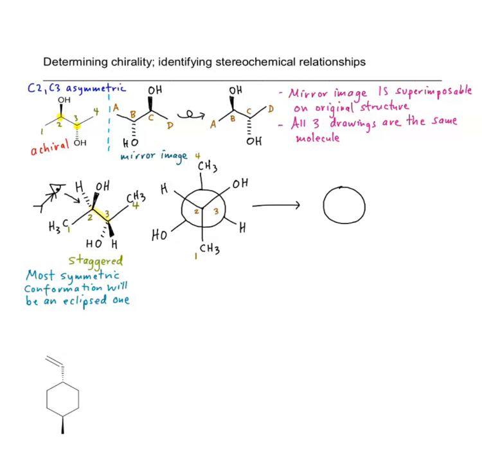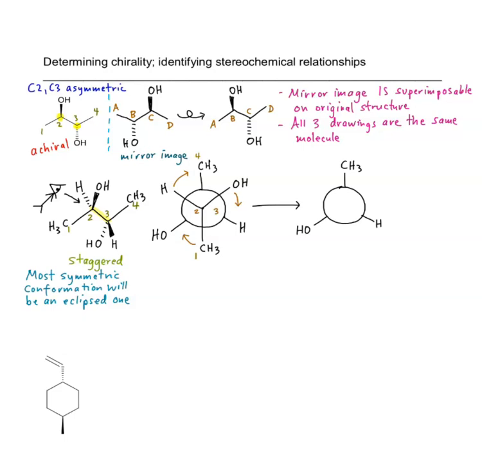Okay, so what I'm going to do in this instance is keep the back groups the same, but I'm going to rotate the front groups. And what I'm looking for is to get this molecule into the most symmetric conformation that I can. And so that's going to be the one where groups on the front carbon align with identical groups on the back carbon.